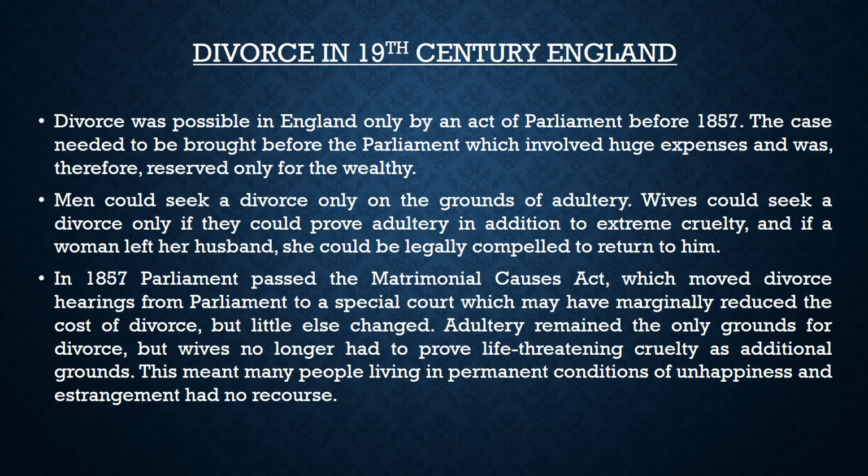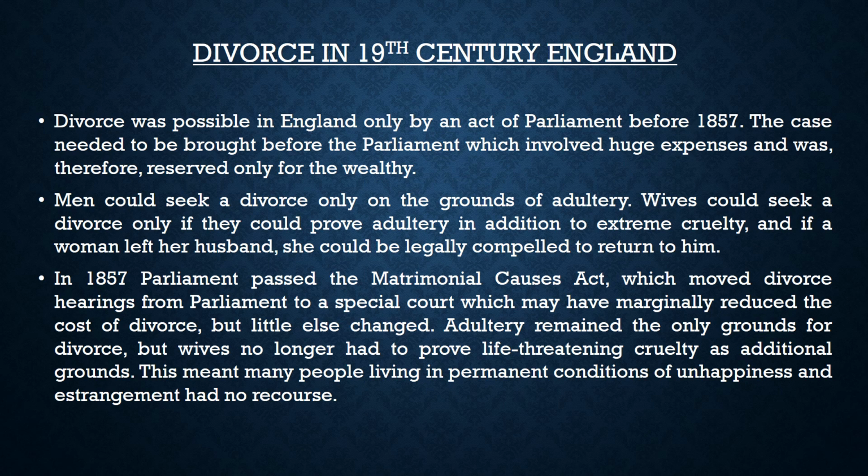So we saw that divorce involved huge expenses and it was beyond the affordability of a common man, a middle class man, or someone who was not very rich. It was not possible for that person to afford divorce.